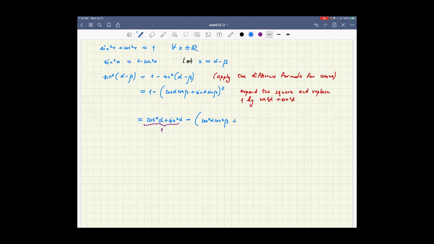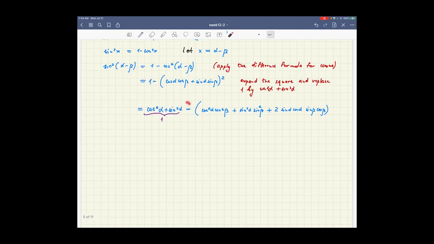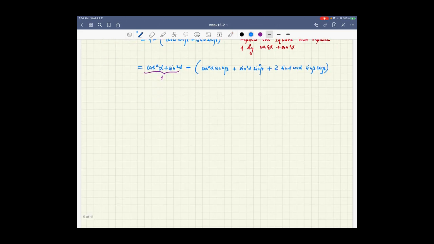Plus square of the second guy, sine alpha, sine beta, both squared. Plus twice their product, sine alpha, cosine alpha, sine beta, cosine beta. Now we of course distribute the minus. Let's do that.